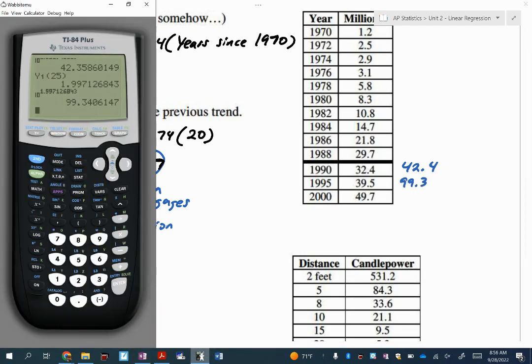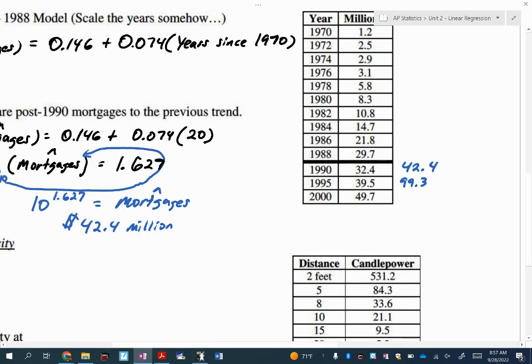And then finally, 30 years. So I'm going to have vars, yvars, function, y sub 1 evaluated at 30. And then do 10 to that power, which gives me 232.9 or 233.0.